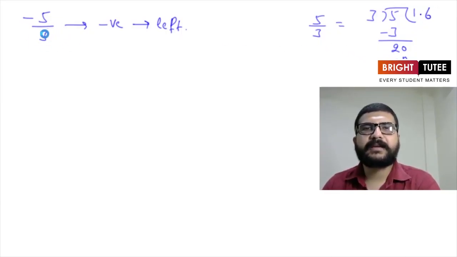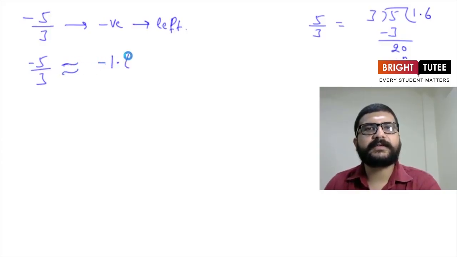So this number is approximately equal to minus 1.6 because 5 upon 3 is approximately equal to 1.6. So now what do you think, between which two numbers will it lie? It will lie between minus 2 and minus 1. So we can say minus 5 upon 3 is less than minus 1 and it is greater than minus 2.